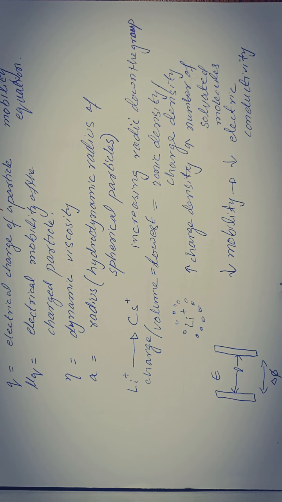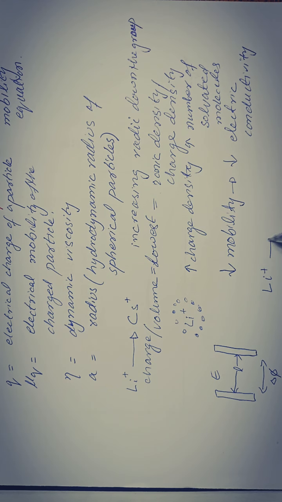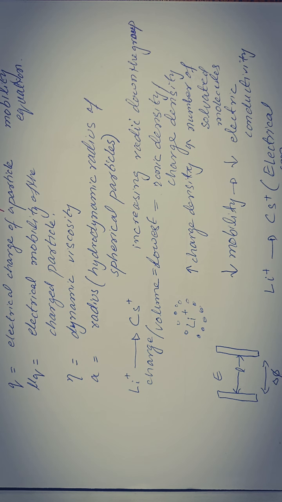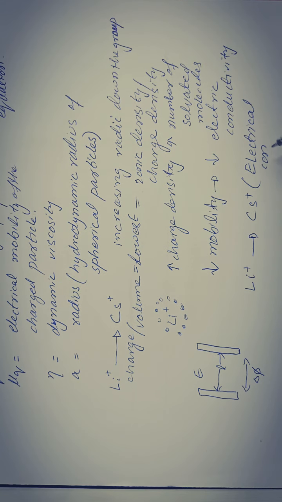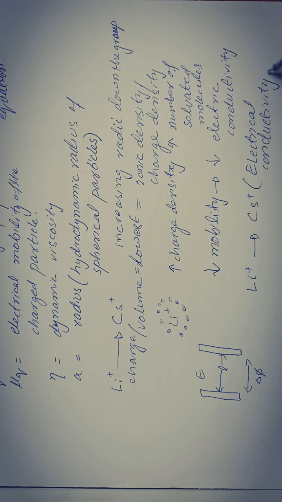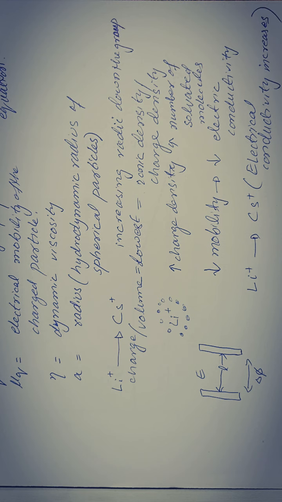So if we move from the lithium to cesium ion, the electrical conductivity increases. Why? Because of the restricted movement of the lithium ion, that is due to the heavily solvated molecules of the solvent around this lithium ion due to its higher charge density.